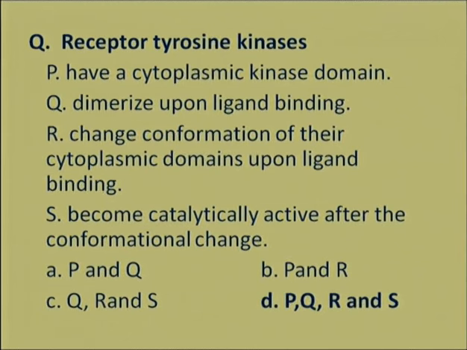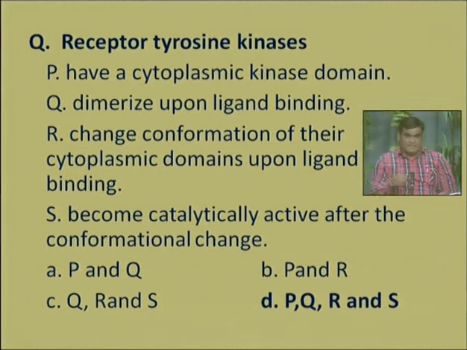Now we will see one particular question on receptor tyrosine kinase. It is asking about the features of receptor tyrosine kinase. The question is, receptor tyrosine kinase, option P, have a cytoplasmic kinase domain, very correct, because it is having the enzymatic activity. Dimerizes upon ligand binding, very correct, that we call dimerization.